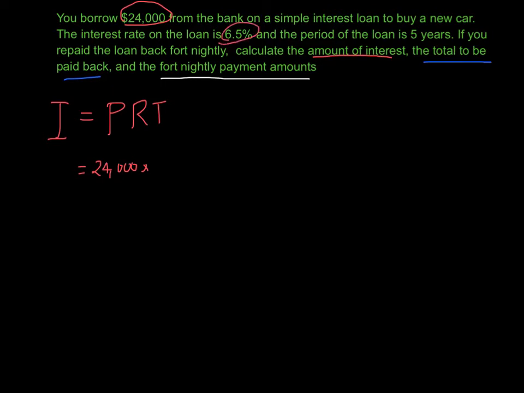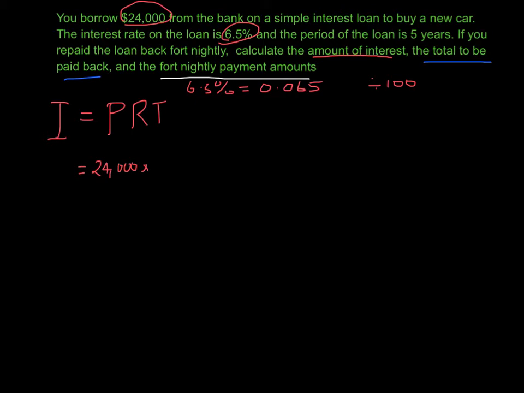So the rate is 6.5%. Similar when we're working with percentages, we're actually going to multiply it to its decimal equivalents. So 6.5% as a decimal is equal to 0.065. I've done that by dividing by 100. Percent per 100. That's why.